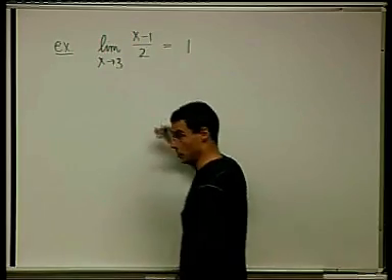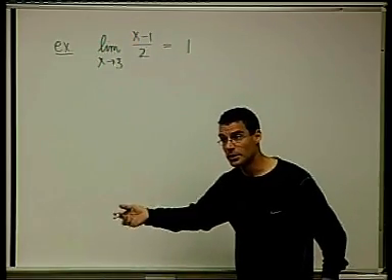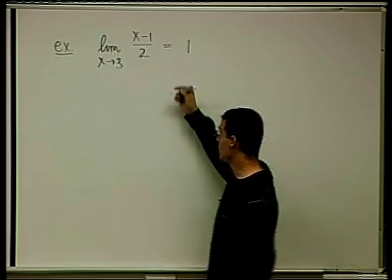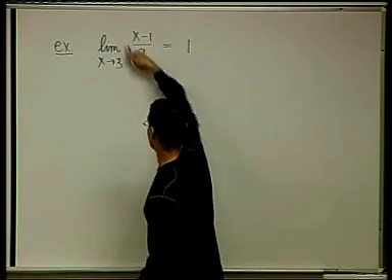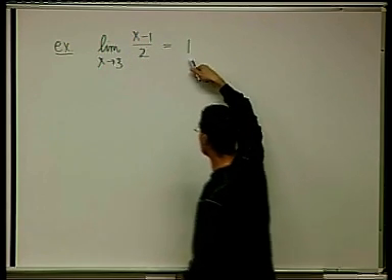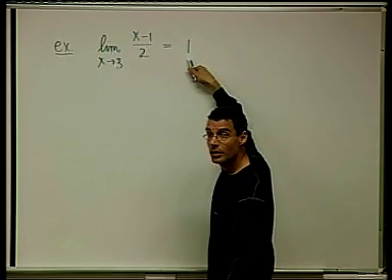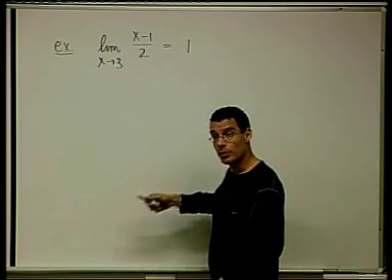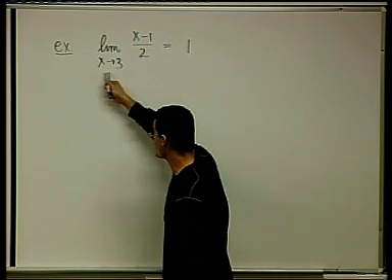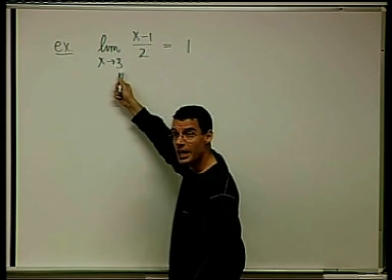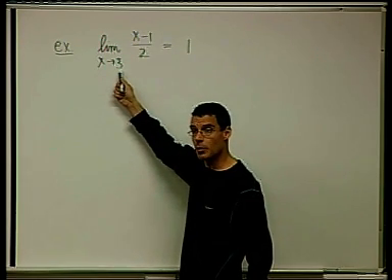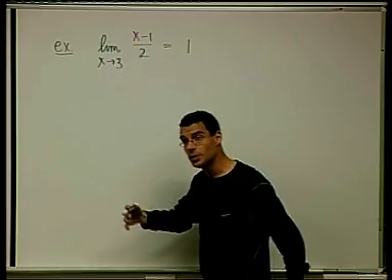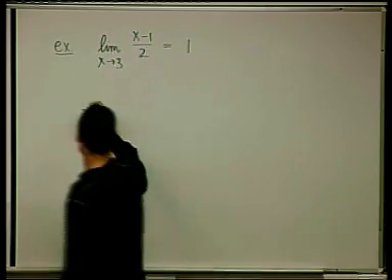So I want to show that for every epsilon, there exists a delta such that if f of x minus L, where L is the limit, is less than epsilon whenever x minus a, where a is 3, is less than delta. That's what I want to show. Do you agree? So I want to show that f of x minus L is less than epsilon.